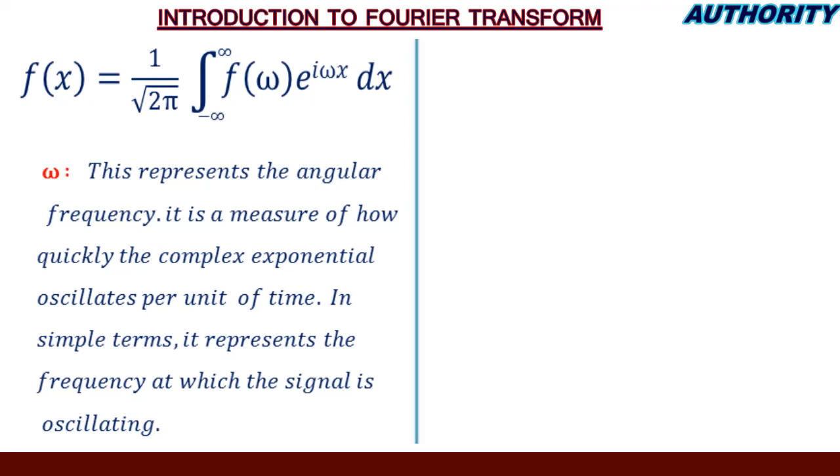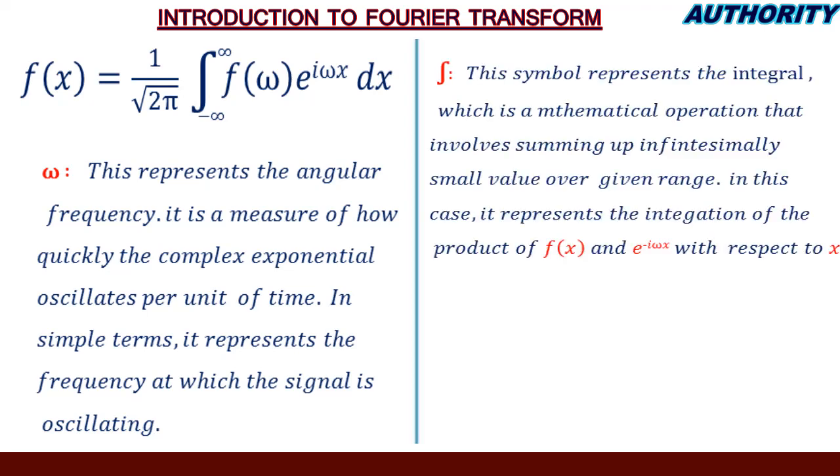All right, good. Now let's look at this integral. This is the integral sign, which represents a mathematical operation that involves summing up infinitesimally small values. When we say infinitesimal, we are talking about very tiny values over a given range.